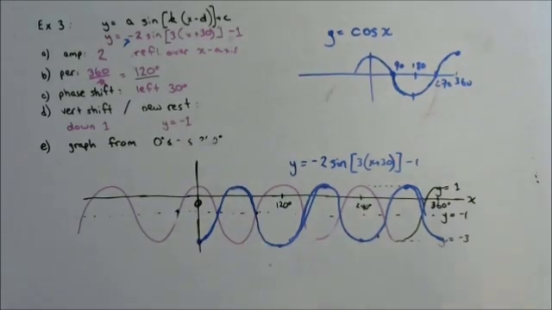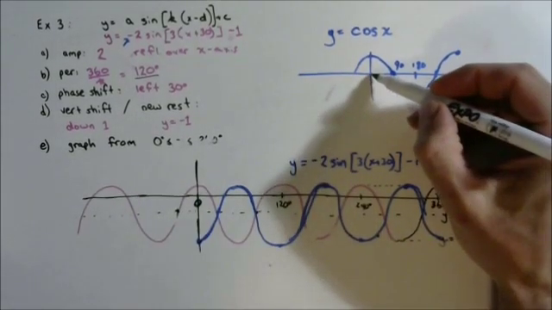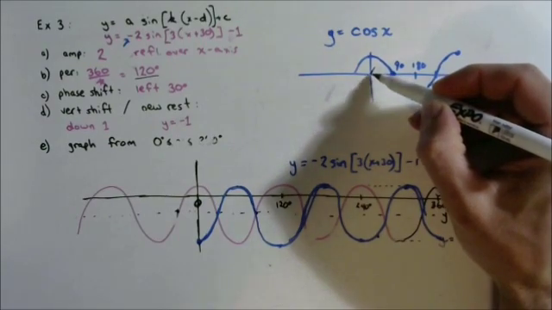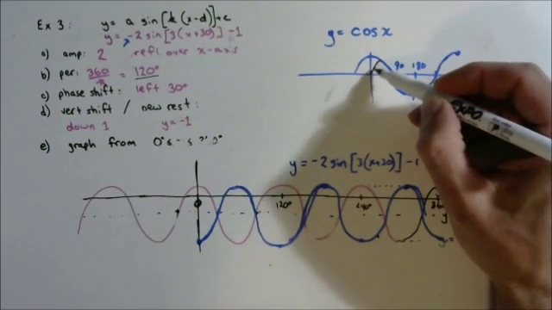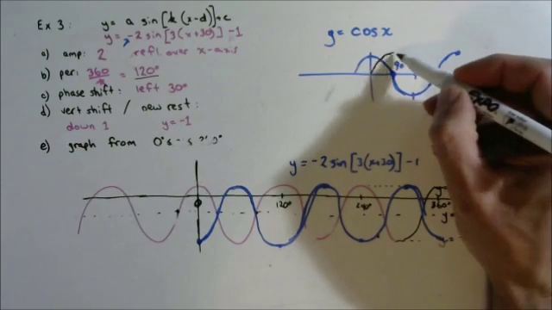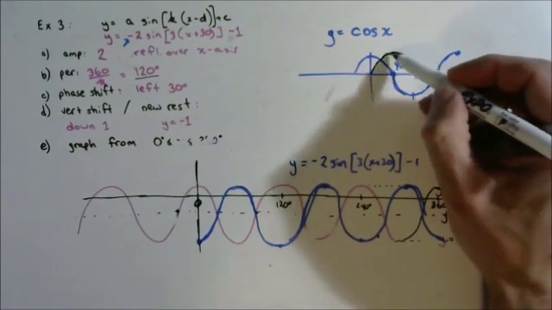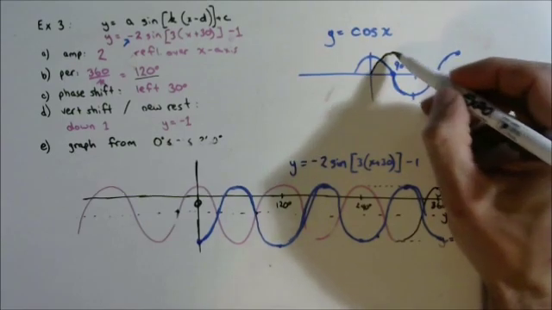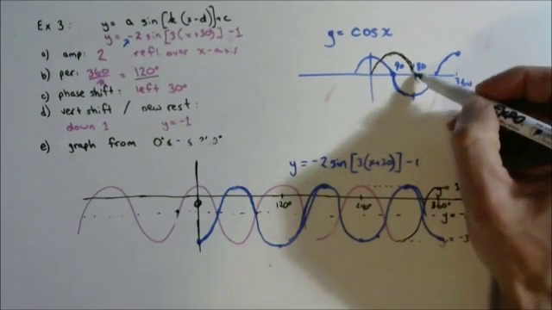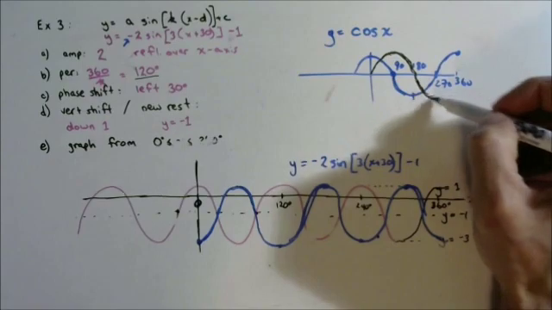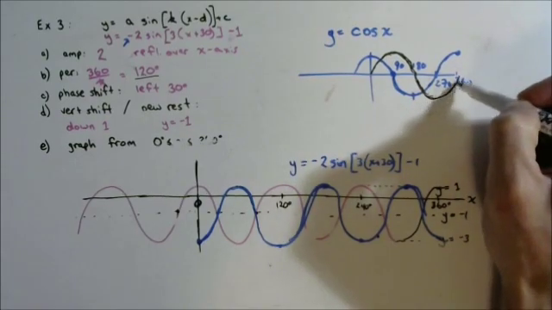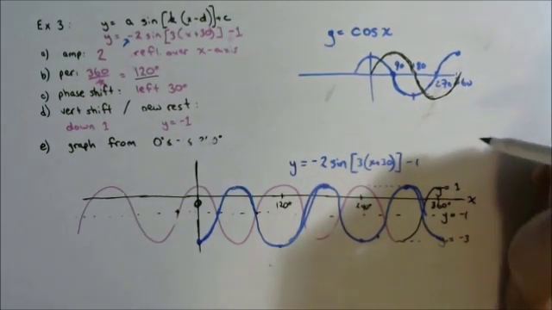Okay, whereas sine starts at 0, 0 and hits its max at 1/4 of a period length, which means it's going to cross 0 again at 180, hit its minimum at 270, and have its last x-intercept at 360.